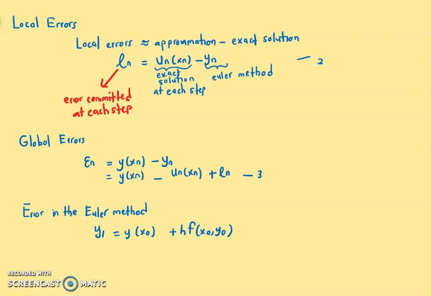Normally you write this as y n, but here it is at 1. This is for one step.